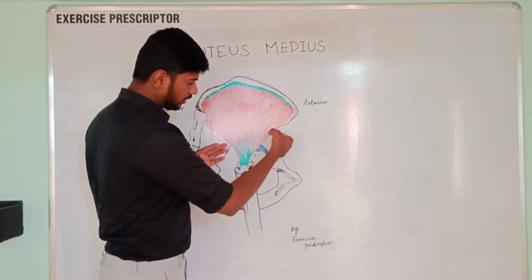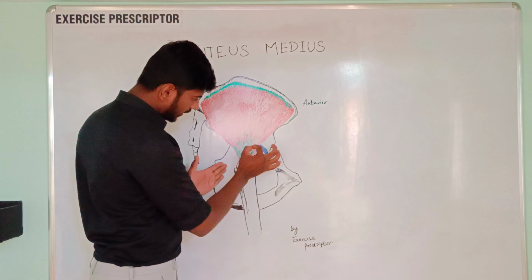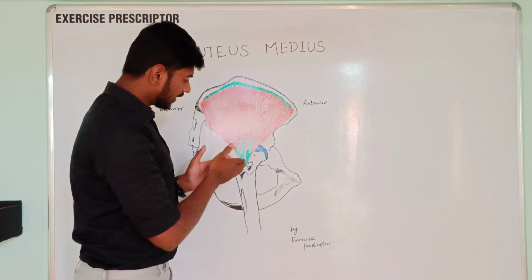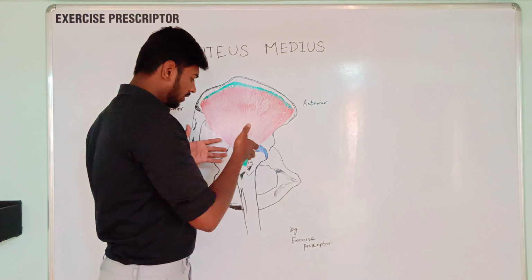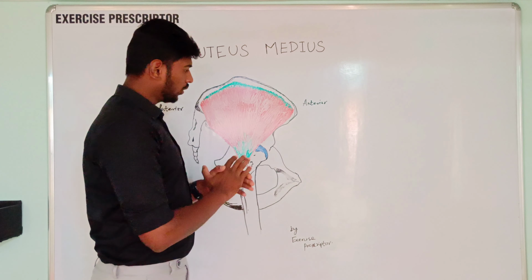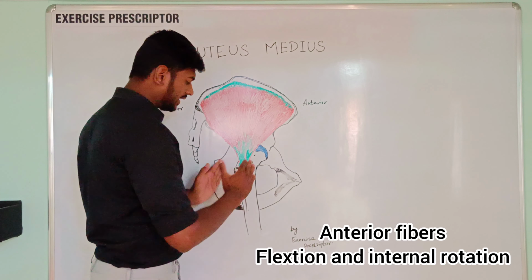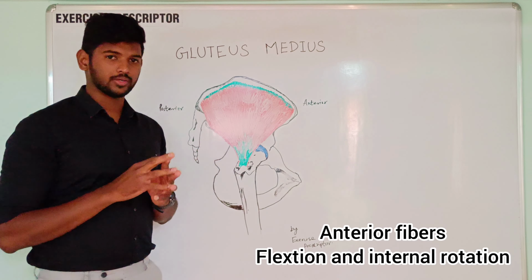And also if you pull these muscle fibers in this direction, it helps to anteromedially rotate the femur at the hip joint. It causes internal rotation or medial rotation of the femur at the hip joint. So the anterior fibers of the Gluteus Medius help to medially rotate and flex the hip joint.